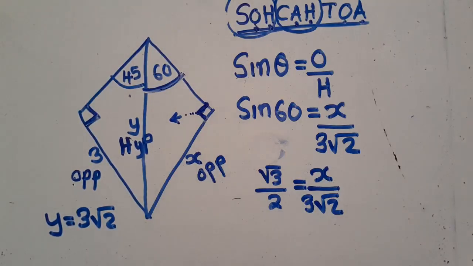So this is what you are supposed to do, and this is what you need to understand. Here, what am I supposed to do? I cross multiply. So this will be 2x, which is equal to 3 root 2 times root 3. Have you seen?